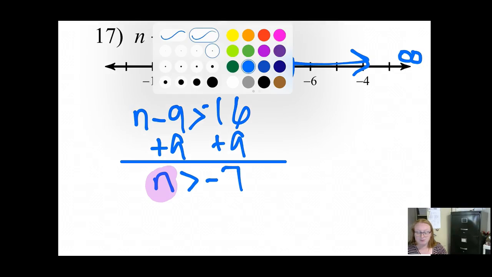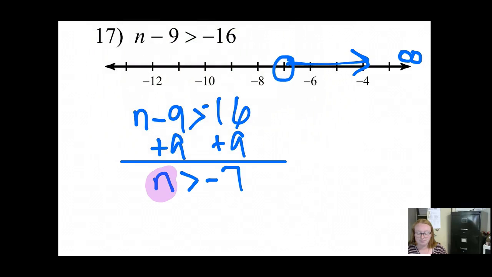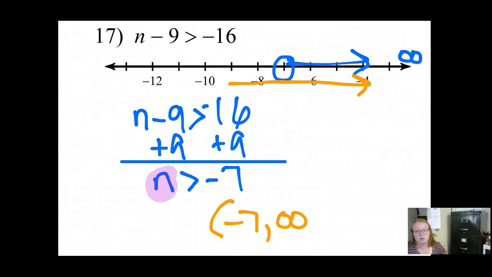When I read from left to right, I see that negative 7 first, and then I see the infinity. That negative 7 has an open circle. It has no equal sign. It gets a parenthesis. Infinities always get a parenthesis.